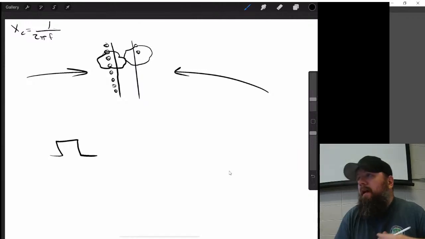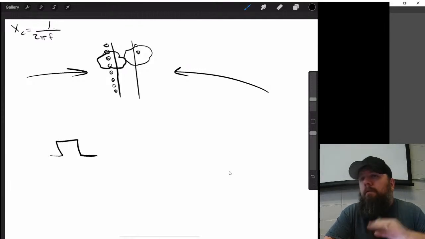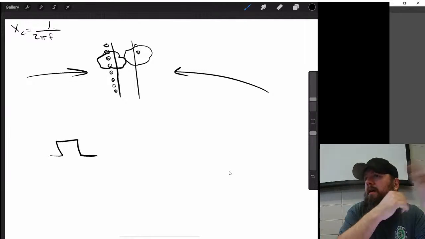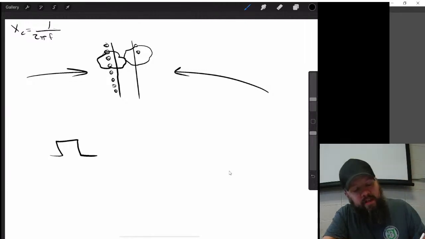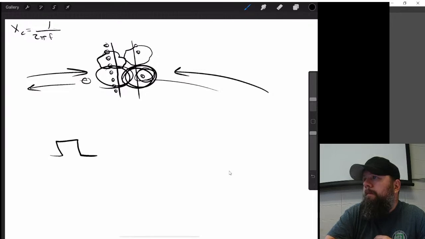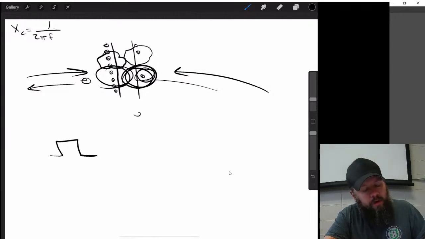It's a little cloud of negativity. It repels other electrons. And that gap's not big enough that that repelling force cannot get across it. So as I knock an electron in this side, it doesn't jump that gap, but its cloud makes an electron over here leave, right? And so I'll start charging up one plate.